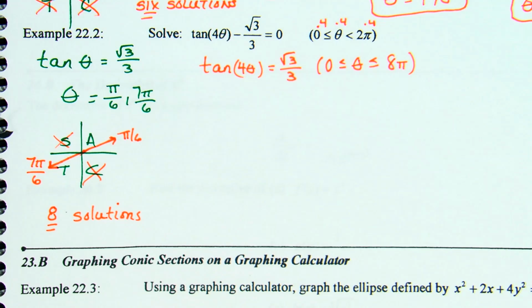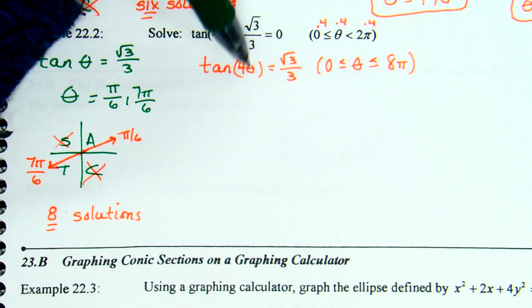Okay. Do you remember what to do here? The first round, we're going to take our 4 theta, because we're looking at the tangent of 4 theta equals square root of 3 over 3. But we found 4 theta to be equal to pi over 6 and 7 pi over 6.